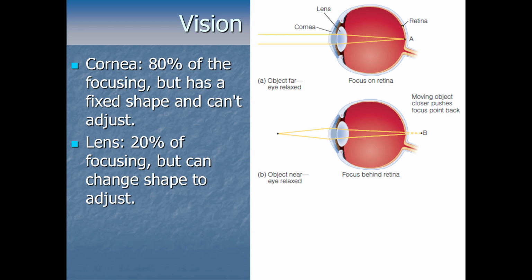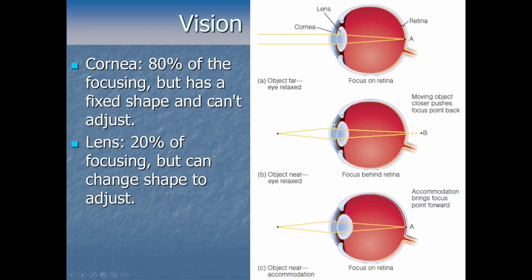So when something's up close to us, our eye can do something to avoid this problem. For nearby objects, we can actually adjust our focus toward the object. What that actually means is the eye muscles squish the lens to change its shape, to adjust its focusing, so that those beams of light from the nearby object will again land at exactly the same place, which is what we want, like A here.